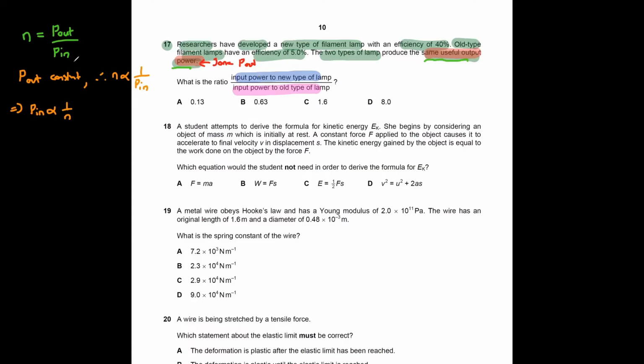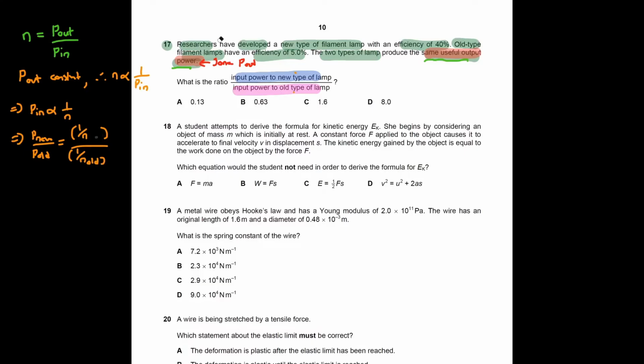So what you want is the ratio of input power of the new lamp to the old lamp. So you can say something like this: P new to P old is 1 over η new over 1 over η old.